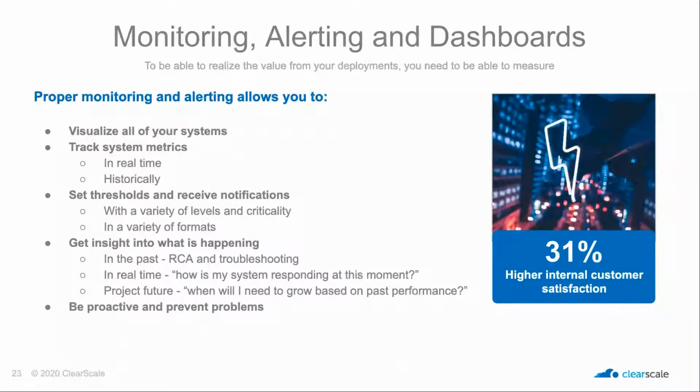It's about being proactive instead of reactive. Let's prevent problems, not wait till we have a problem and then resolve it. So good monitoring, alerting, and dashboards help reduce your outages. Another study: a 31% increase in internal customer satisfaction by doing this, by having these numbers and knowing what's going on.